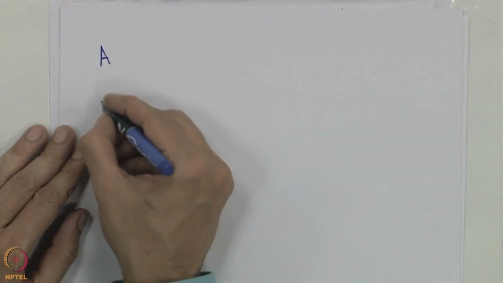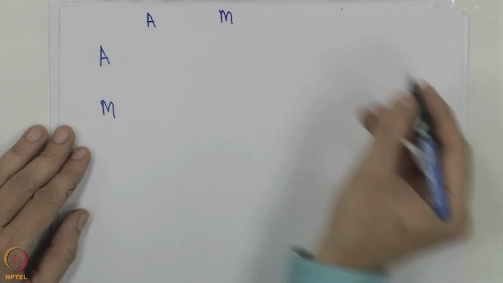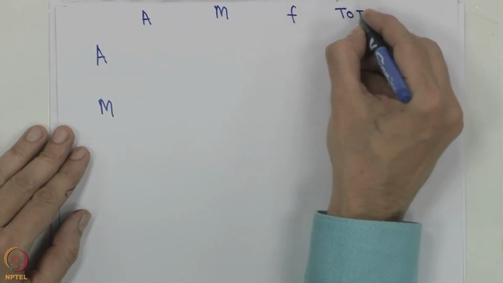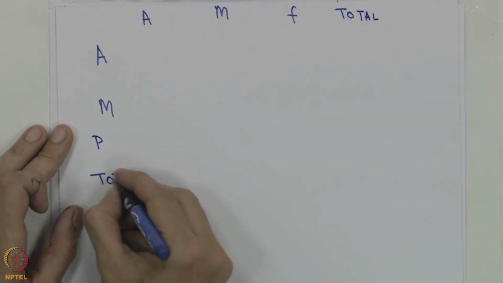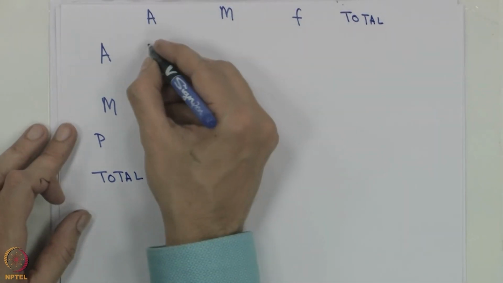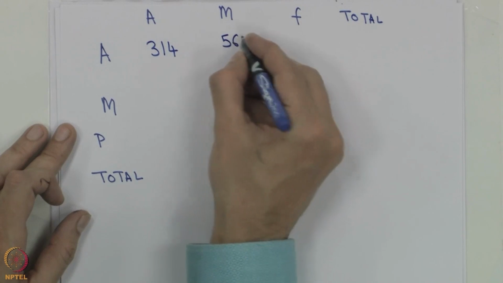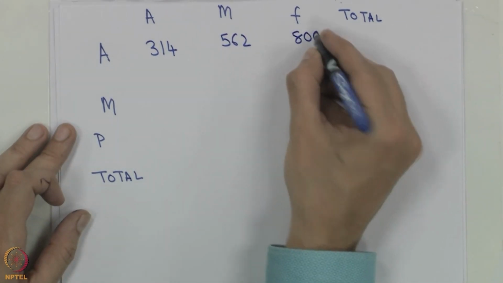So, now we can go back and replace the matrix, final matrix that we get in this scenario, that is agriculture, manufacturing, final demand and the total. And here you have the payment sector and then you have the total. So, we can write this as 314 million rupees, this is 562 million rupees, and then we said F is 800.